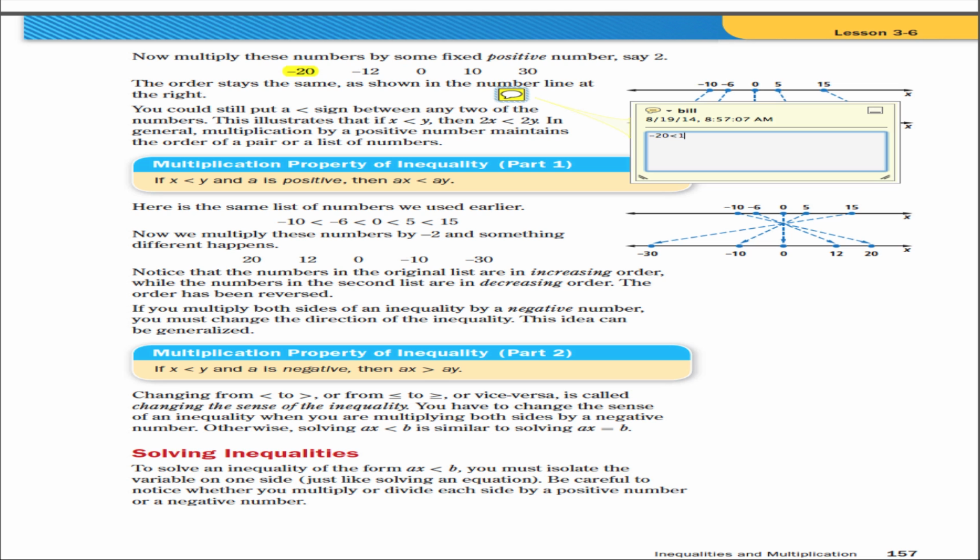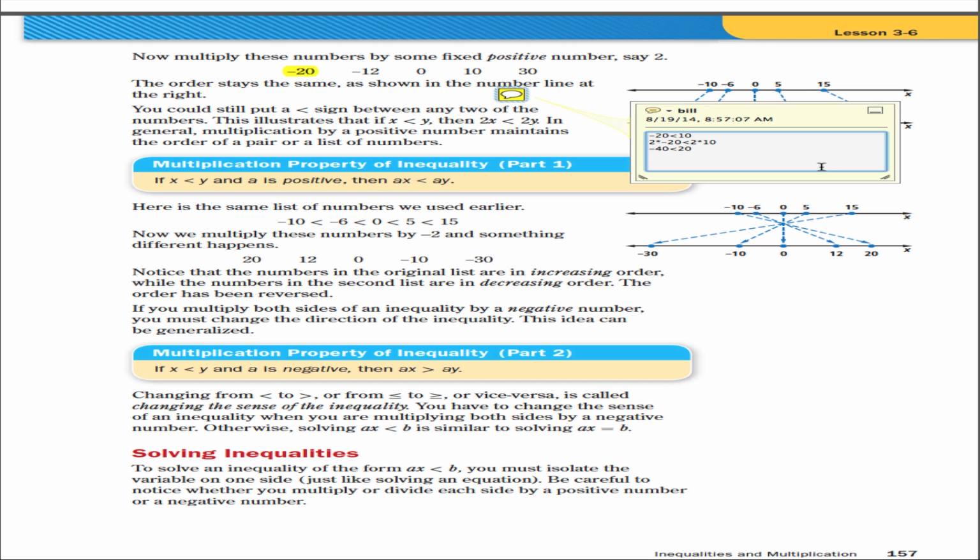Now if we multiply both of those by 2, 2 times negative 20 is still less than 2 times 10, we can see that negative 40 is less than 20. And that remains true.